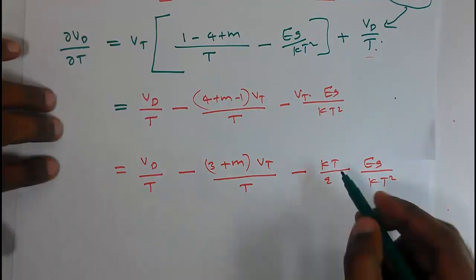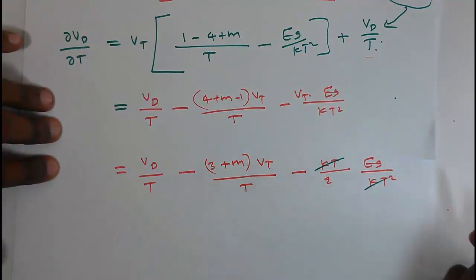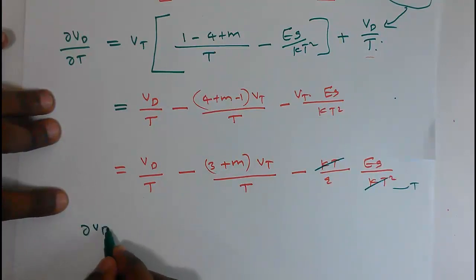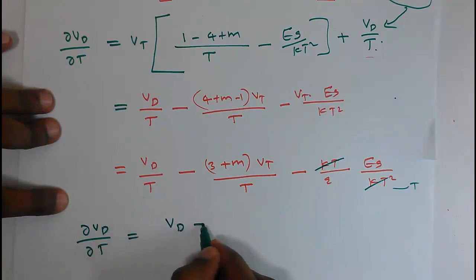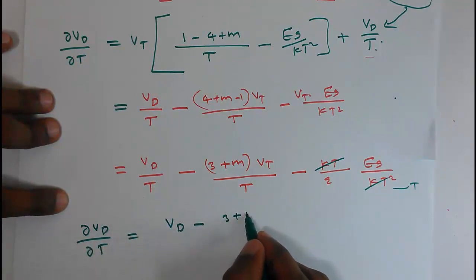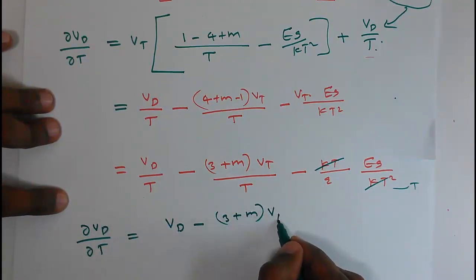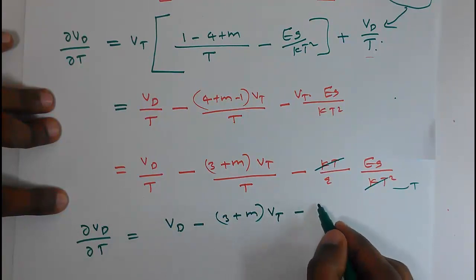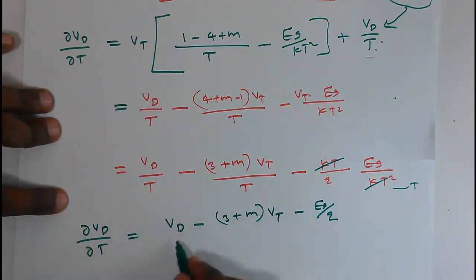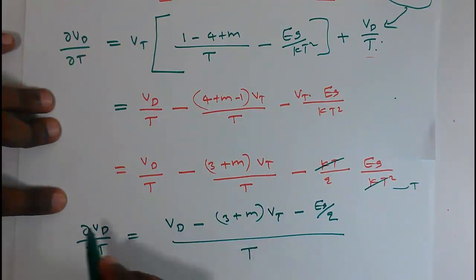So here also we can cancel one kT and one kT, one T will remain here. Now dou Vd by dou T we can write Vd minus 3 plus m into Vt minus Eg by Q all divided by T.